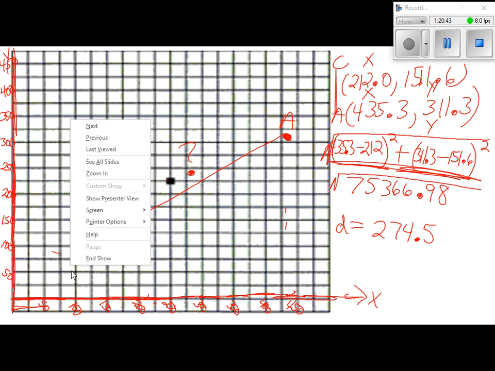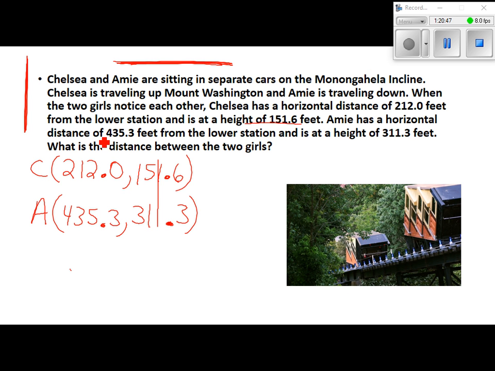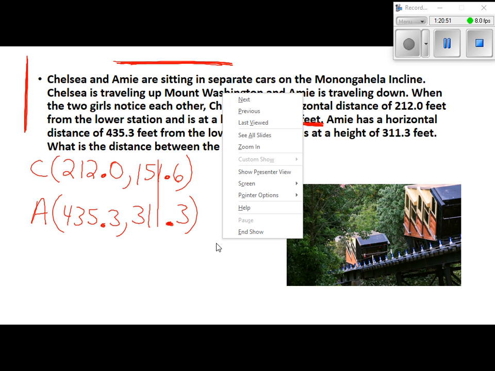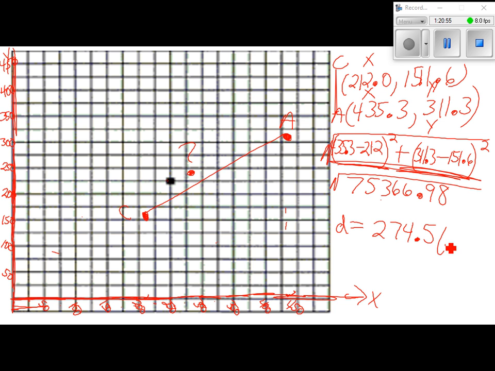If I look back at the problem, the units were in feet. So that means the girls, when they saw each other, were about 274.5 feet apart.